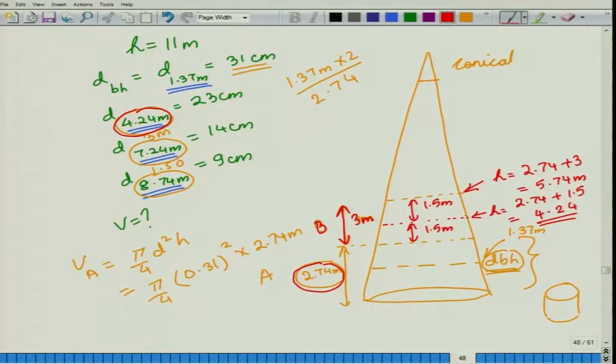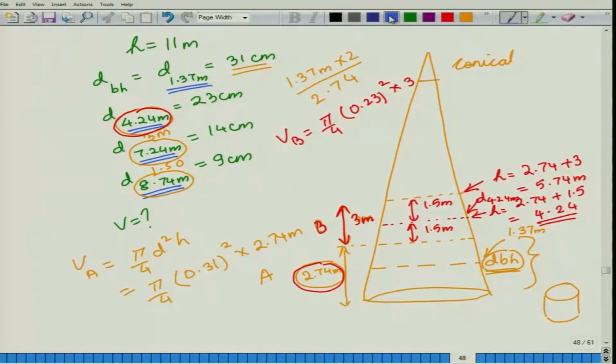So, we know the diameter at this point, d at 4.24 meters. We know the central diameter, we know the length of the log. So, we can now calculate the volume of section B as pi by 4, where d would be 0.23 meters square into height, which is 3 meters.